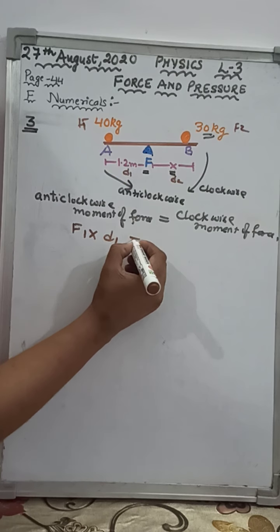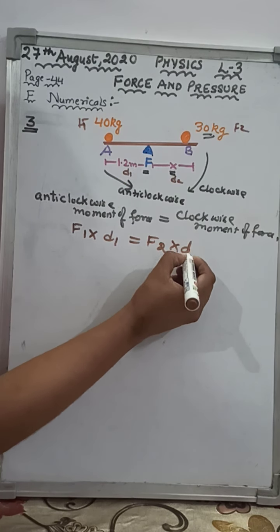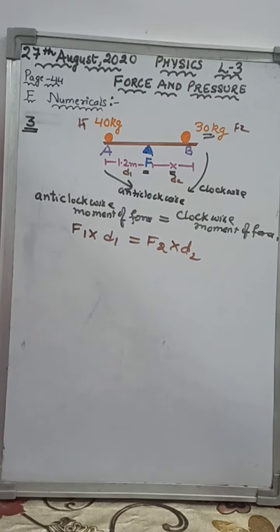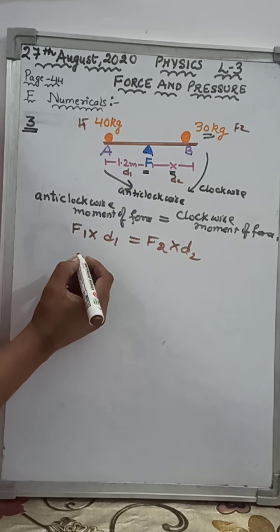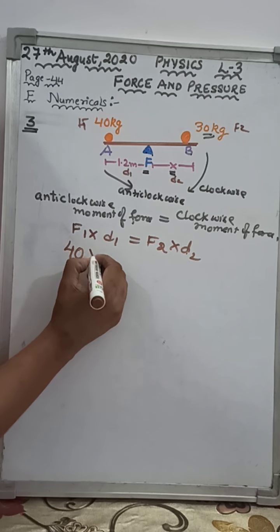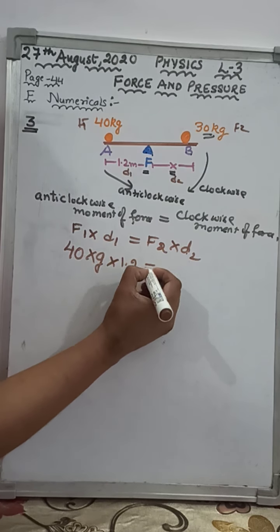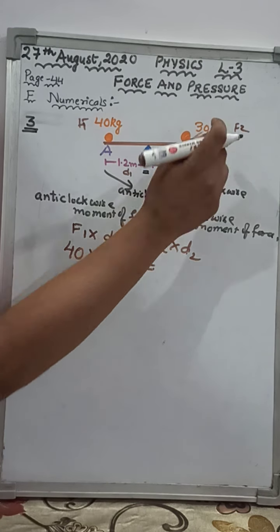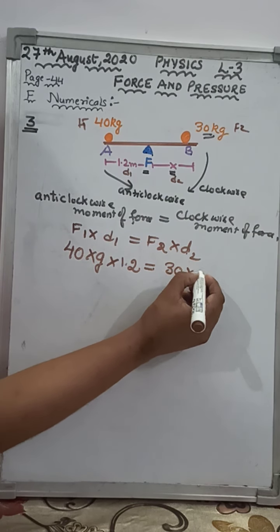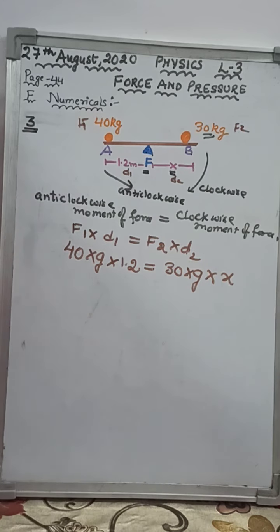Clear? F1 D1 is equal to F2 D2. Now force is not given to us, this is given to us as mass. So what you will do? You will multiply with acceleration due to gravity. 40 into g and the distance is 1.2, is equal to 30 multiplied with g, and we have to find the x.